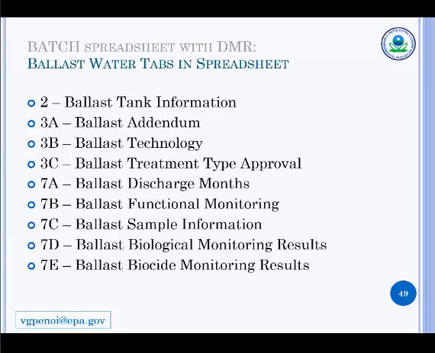Tab 7B is for providing functional monitoring results. Tab 7C is for providing details of the samples that are collected for biological and biocide monitoring. And then tab 7D is where you will provide the results of the biological monitoring, and 7E is where you'll provide the results of the biocide monitoring.